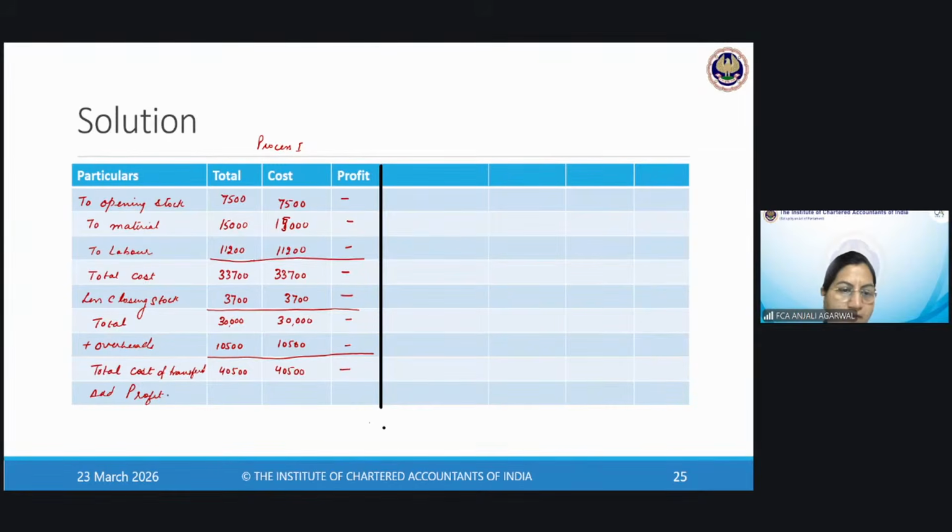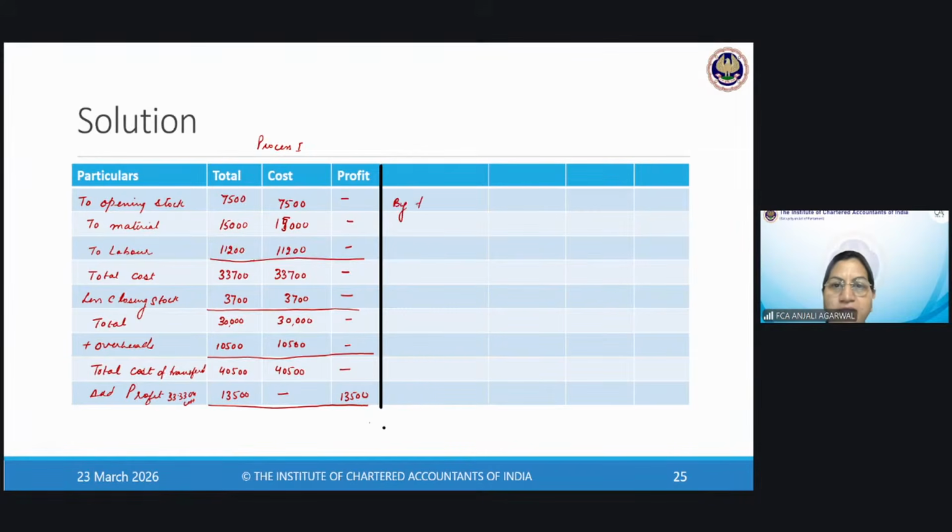In this, we add profit. That was 1/4 on transfer price, 1/3 on cost. So 33.3% on cost. 13,500, which is pure profit, no cost. So this will go to the next process.